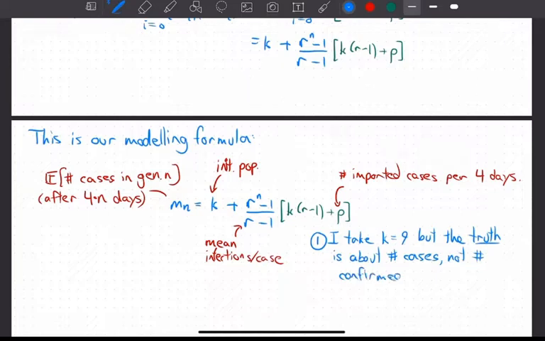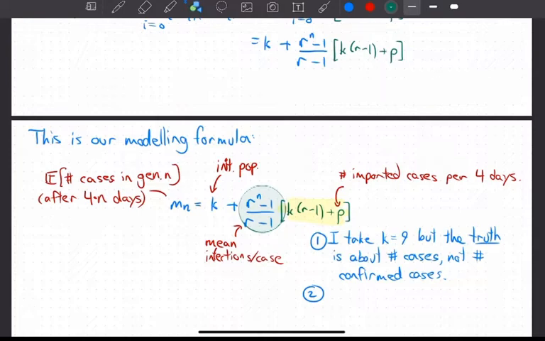And the second point is, let's look at this part right here. This acts as some sort of an initial condition, k(r minus 1) plus rho, and then after that it's this prefactor here that contributes to the exponential growth, right?